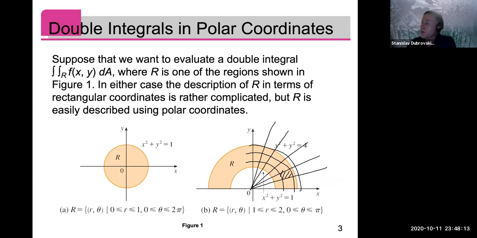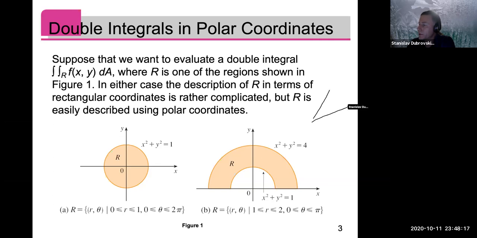They don't even look like rectangles, but they look like sectors of a circle, or maybe pieces inside those sectors. But since they will vary between fixed theta, say going from alpha to beta, and r goes between R1 and R2, all constant, then we'll refer to them as polar rectangles as well. They will be all polar rectangles.